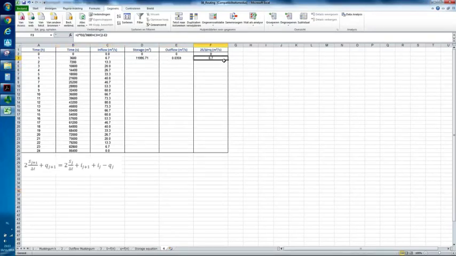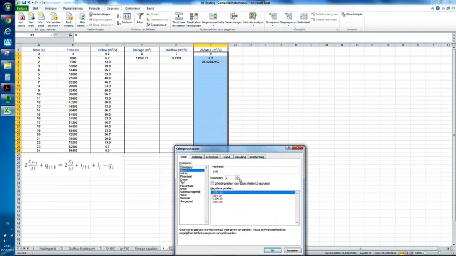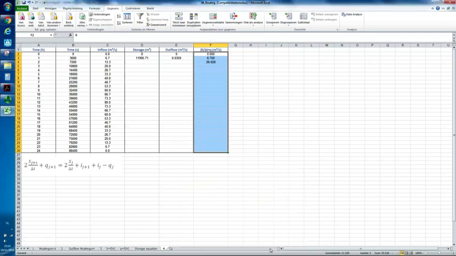Similarly, we can now drag this formula one down, because we can calculate these values here of our left hand side based on the previous values.